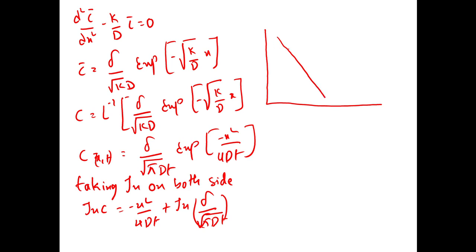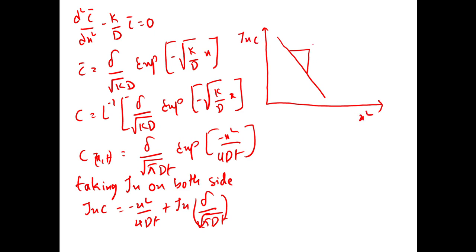This is the straight line that we will be getting, and we will be plotting ln c versus x square.